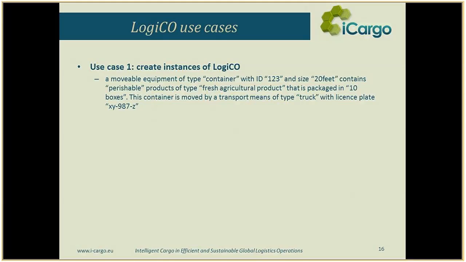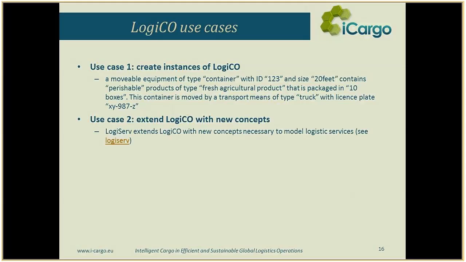This means that we have a container with a specific ID, 1, 2, 3, and size, 20 feet, for example, which contains a certain type of products, maybe perishable, a fresh agricultural product, which is then packaged in some packages, for example, in boxes, and we can say the number, and so on. And this can be moved by a truck with a certain license plate. So this is very important. Anyway, we will see some examples with Martin about instances later, so we will come back to this.